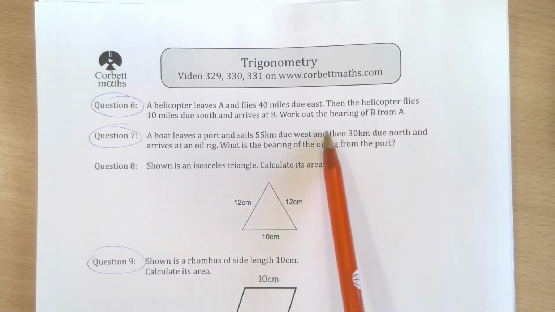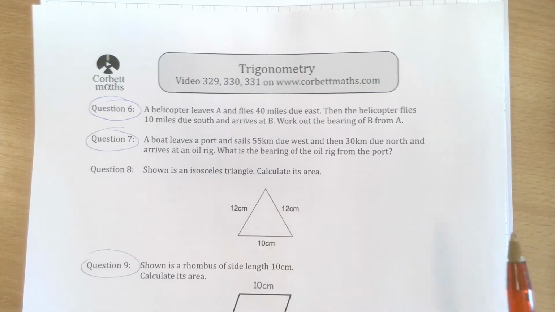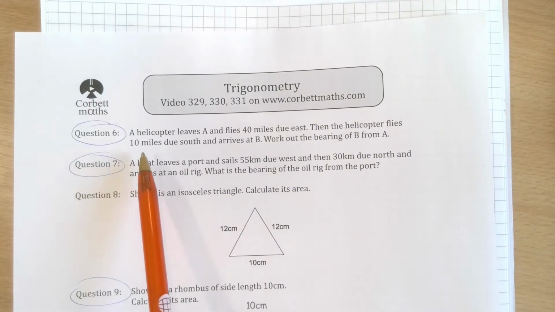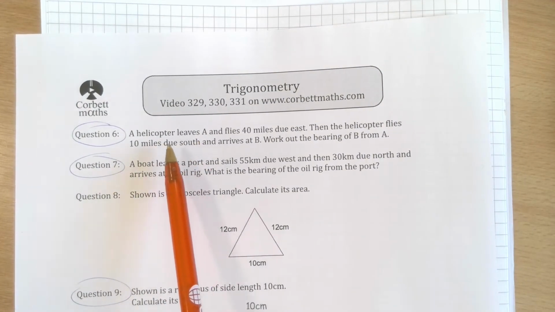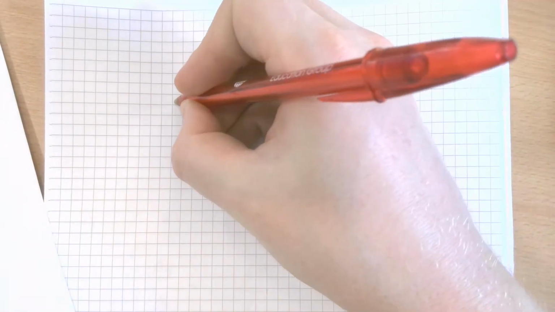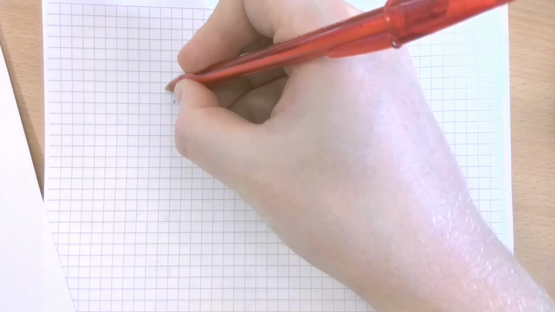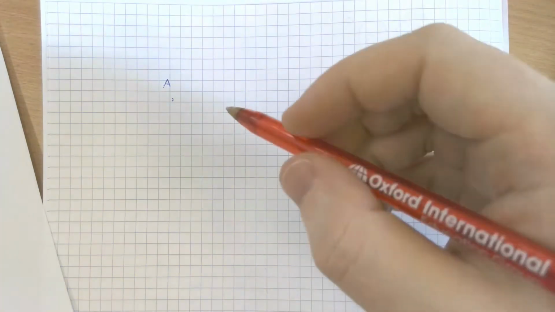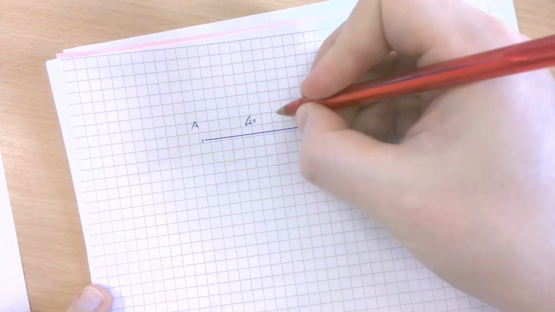We'll talk about what bearing of B from A means in a bit. But first, let's do a diagram of what we've got in front of us here. A helicopter leaves point A, okay, and then flies 40 miles due east. If we're doing this as if it was a map, east would be this way by 40 miles, okay?